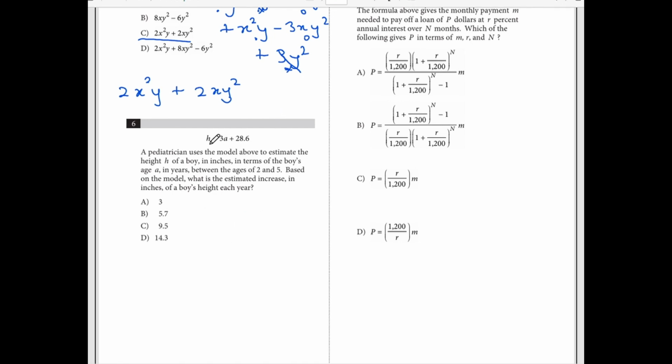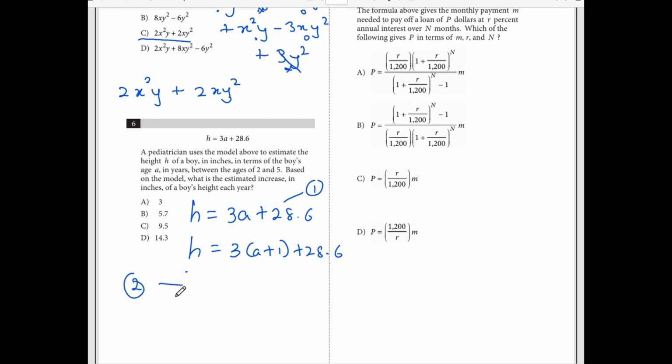Okay, let's write down the equation. h equals 3a plus 28.6. In the next year, the equation will be changed as this: a plus 1 plus 28.6. So if I remove the brackets, here is equation 1, and equation 2 should be h equals 3a plus 3 plus 28.6. So what's the difference between these two equations? It's 3. The answer should be 3.